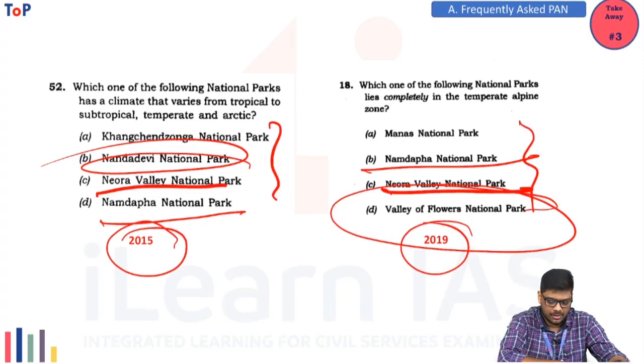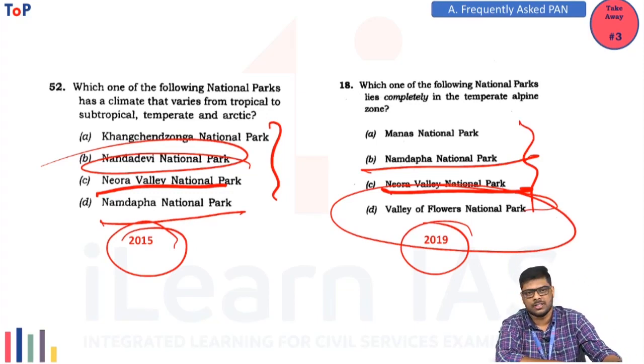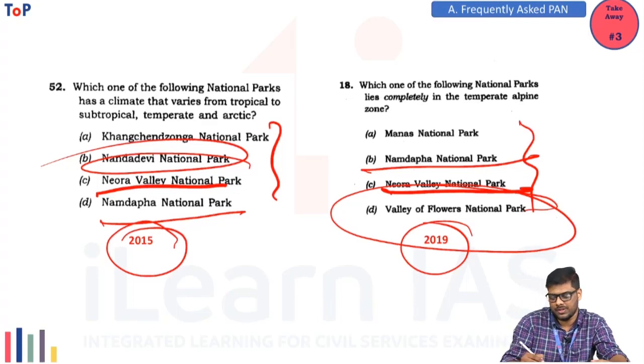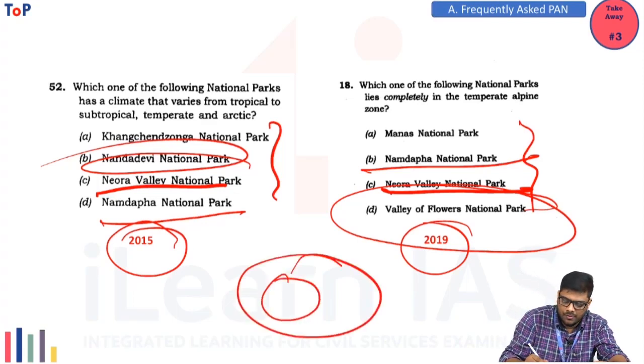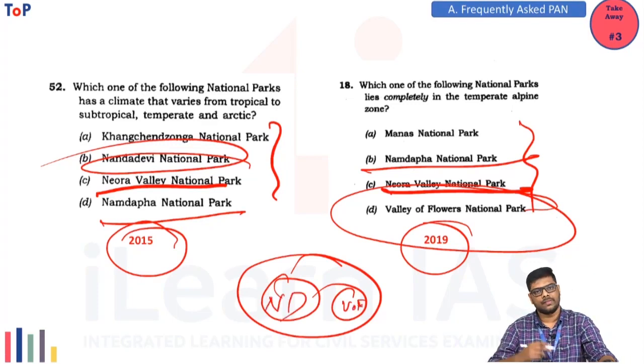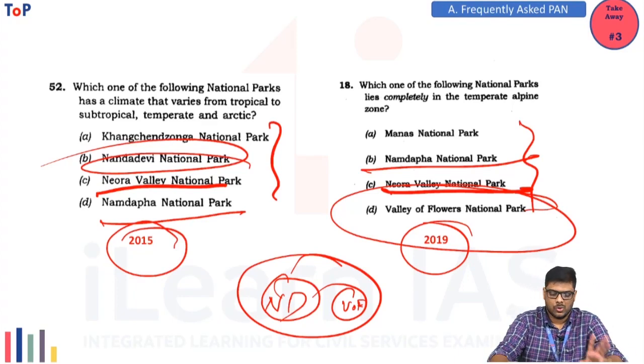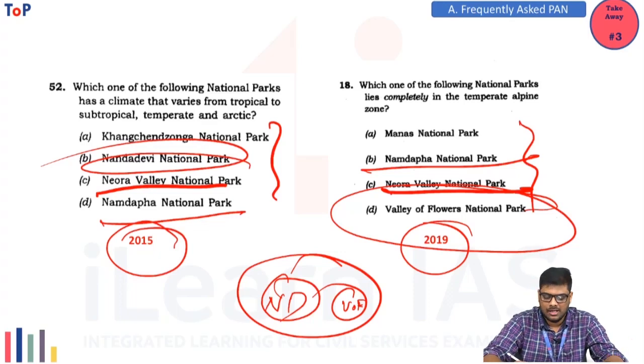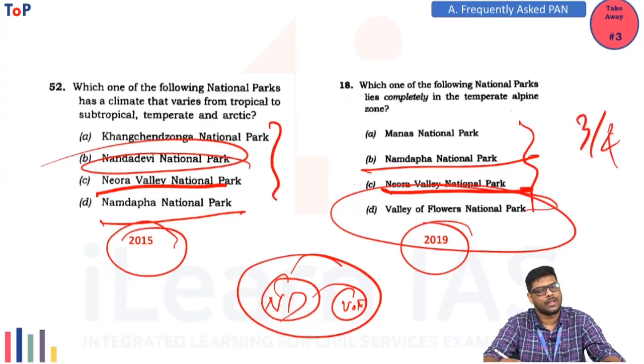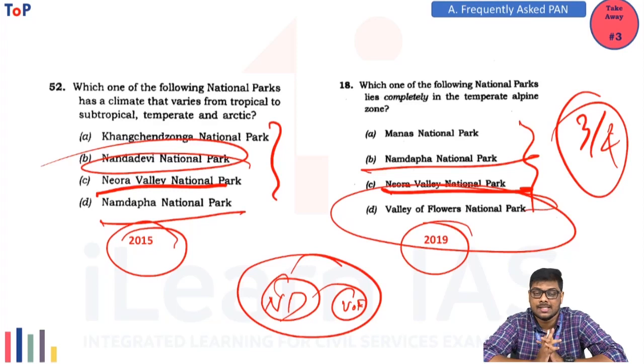Is there any difference between Nanda Devi National Park and Valley of Flowers National Park? In fact, there is not much, because these two are very closely located national parks within a single biosphere reserve. Getting it? So if we think like that, 3 out of 4 options were literally similar in 2 different years.